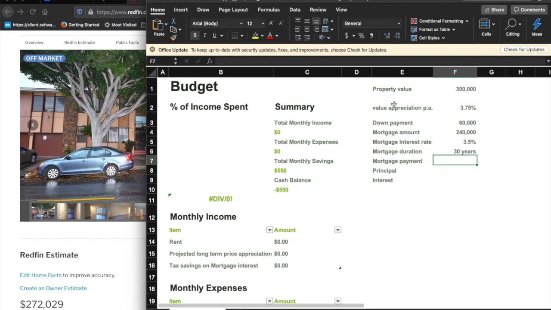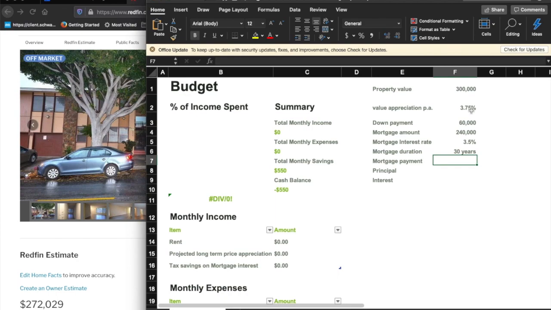Property value $300,000. I am assuming a long-term value appreciation per year of 3.75%. Typically, I would say 3% is very conservative if you're planning to hold the property for a longer term, which I recommend.